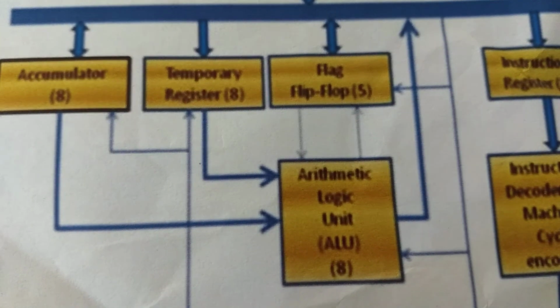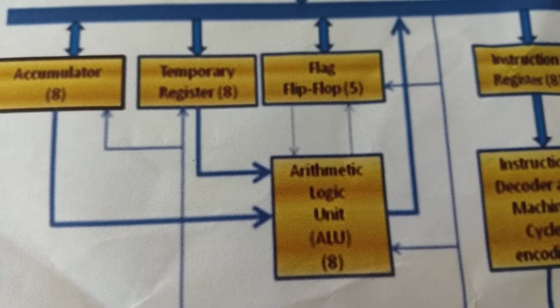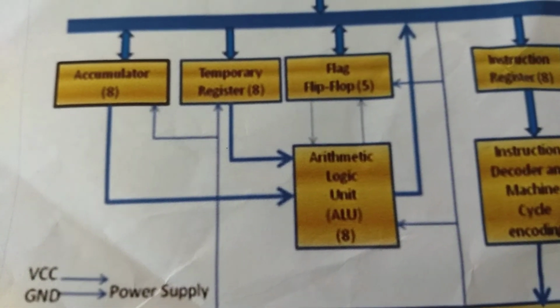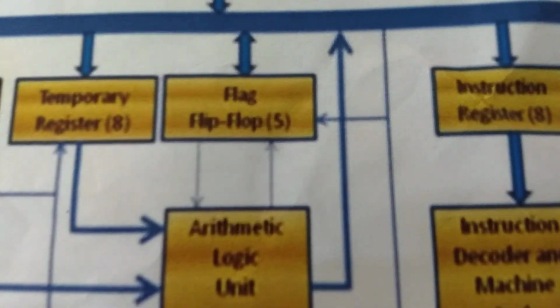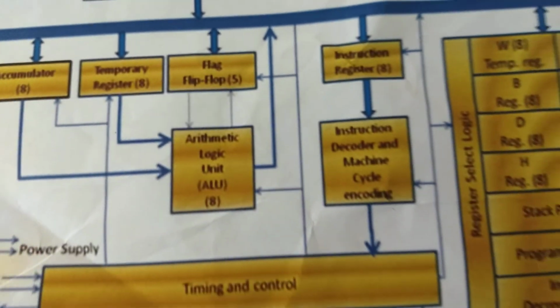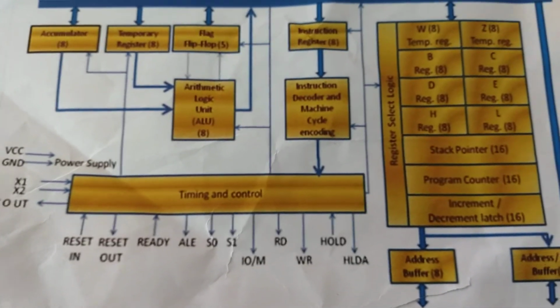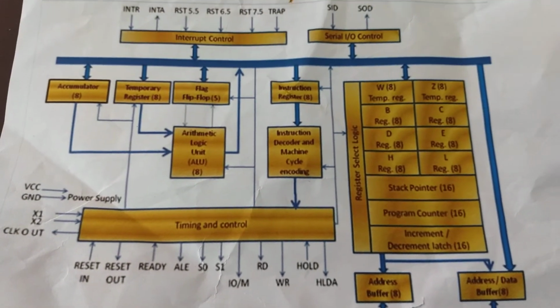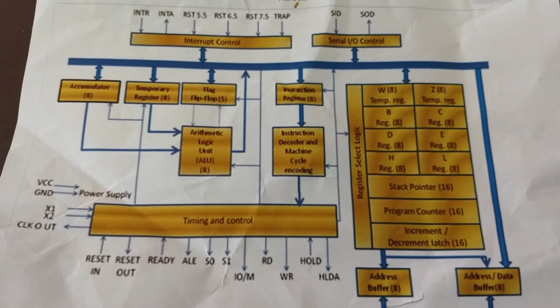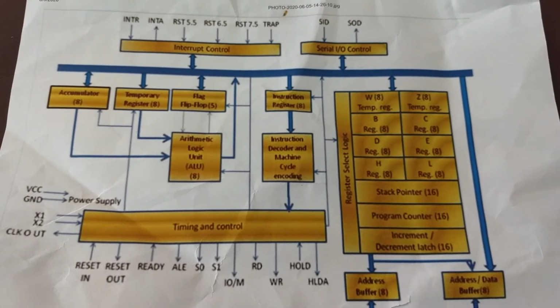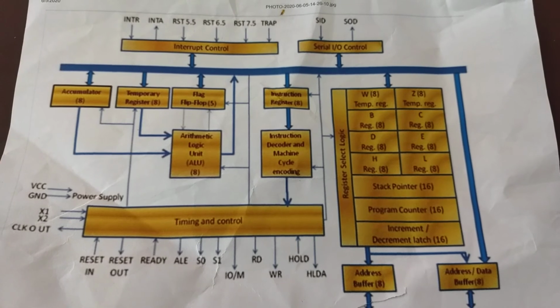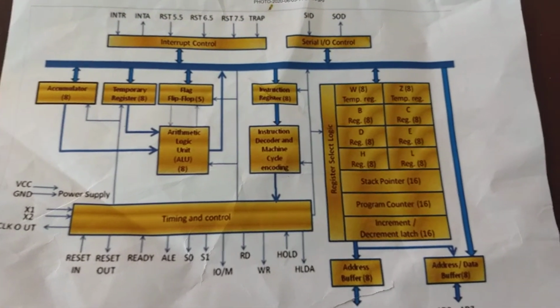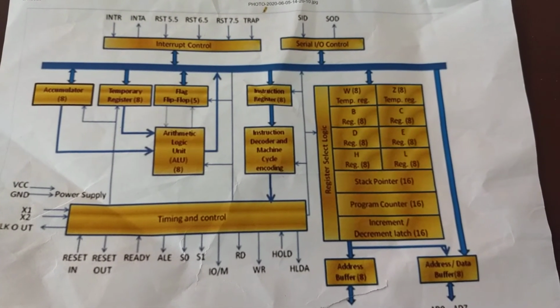Then for the next data we can use the temporary register, and once we get the result, it is stored in the accumulator, and the flag register indicates the status of the result. The timing and control unit notices the execution period of the particular instruction.